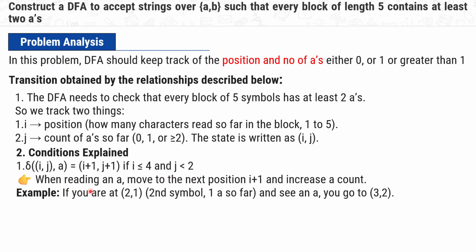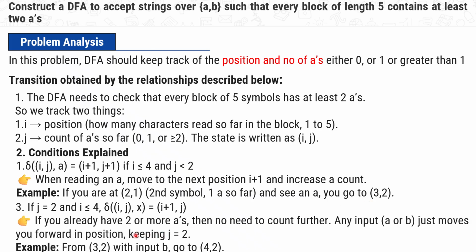That means when reading an A, move to the next position I plus 1 and increase the count. For example, if you are at state 2 comma 1, that means you are at the second symbol and 1 A has been seen so far, so you go to state 3 comma 2. That is the second condition for transition.